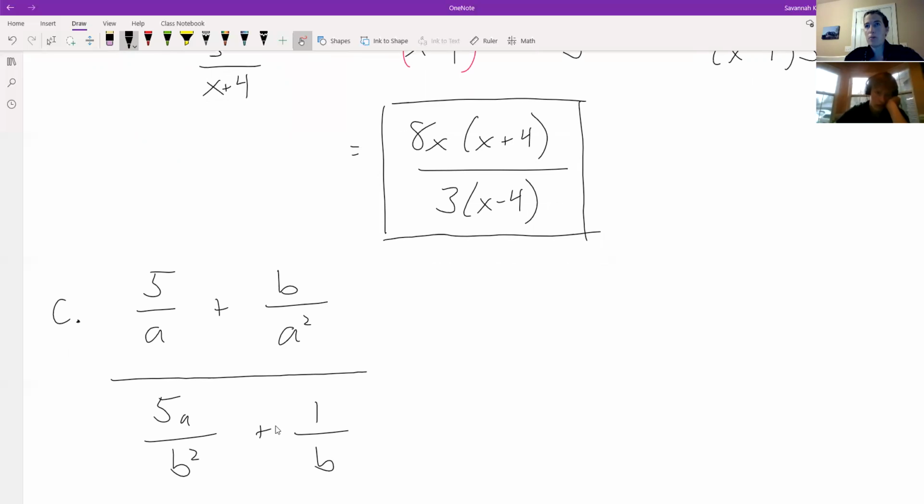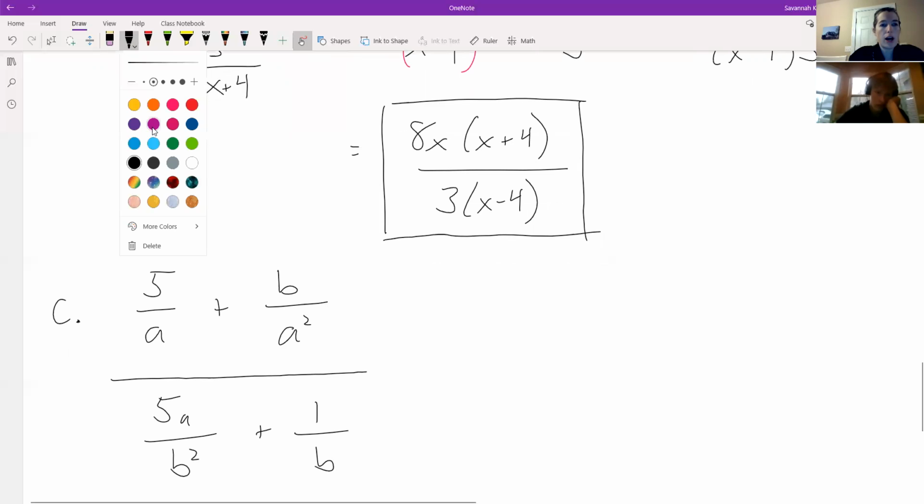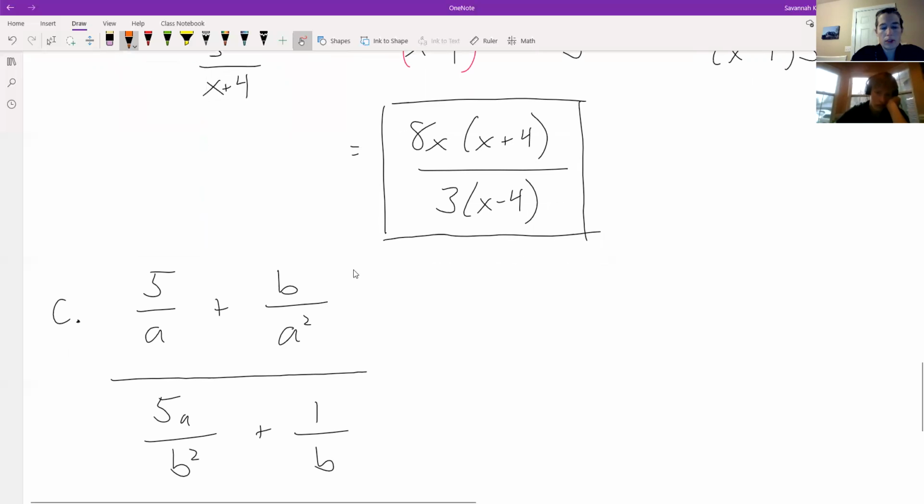We're not going to invert and multiply anything until we've done the math. So on top, this is an addition problem with a common denominator that is completely separate from the common denominator down below.